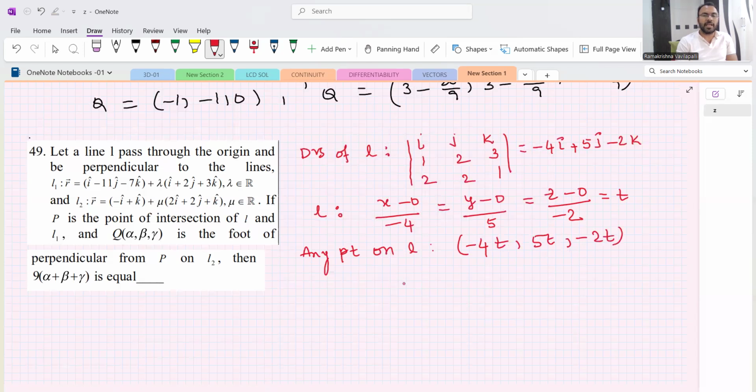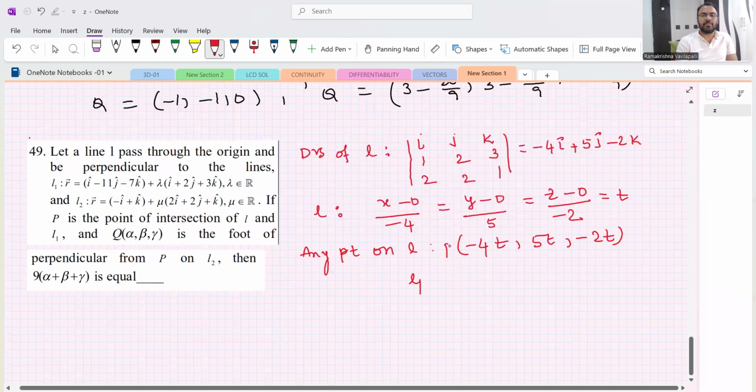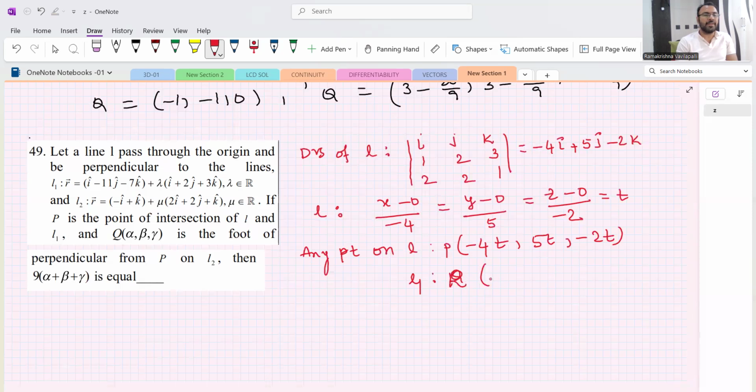Any point on L1 is nothing but 1 plus lambda, -11 plus 2 lambda, -7 plus 3 lambda.